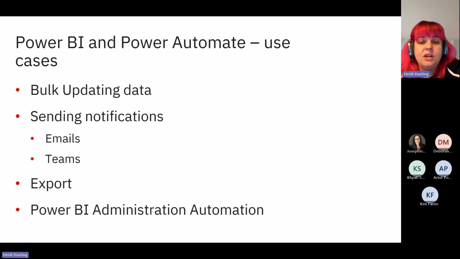Also think about it, a lot of people I know are so focused on report development in that space that they forget about Power BI administration. So someone might request access to a workspace, or access to a report. Those are all things you can look to automate because there are APIs behind that. I've used buttons with Power Automate, I've used Power Apps, but there's nothing stopping you from using something like Forms.